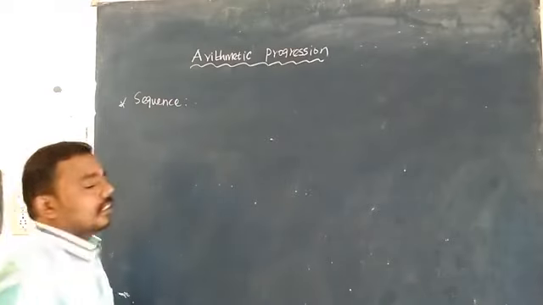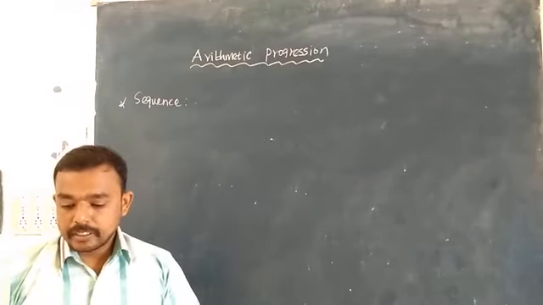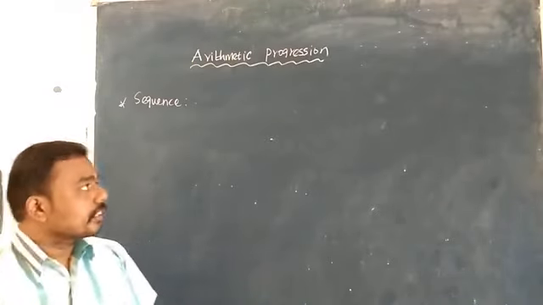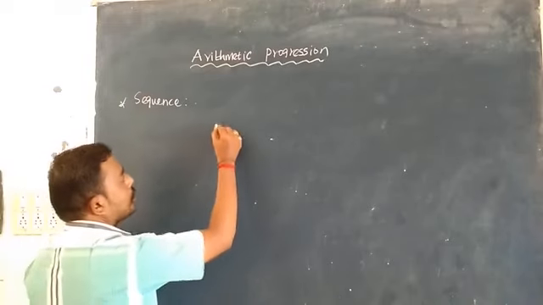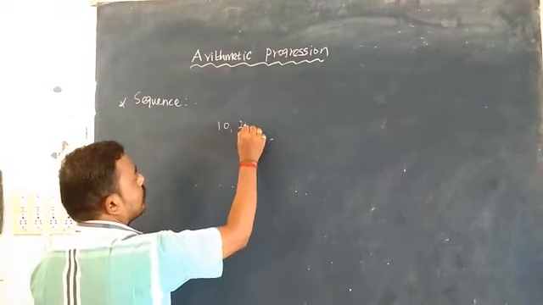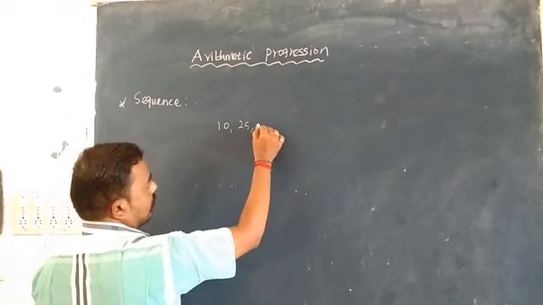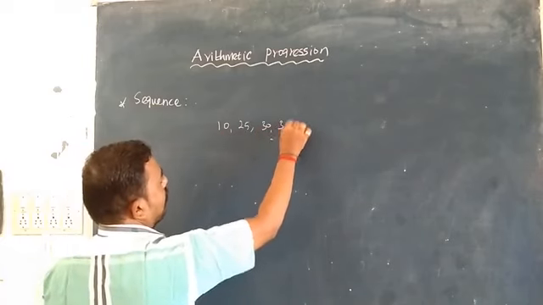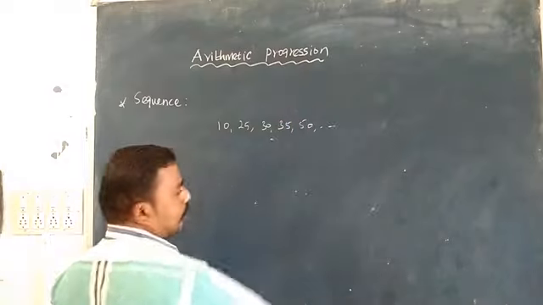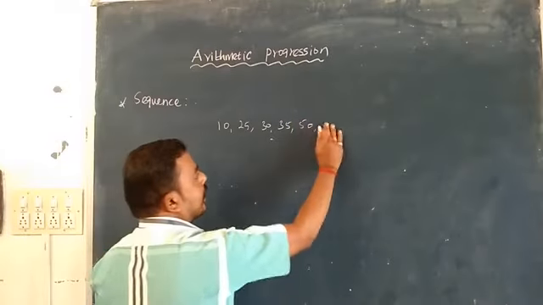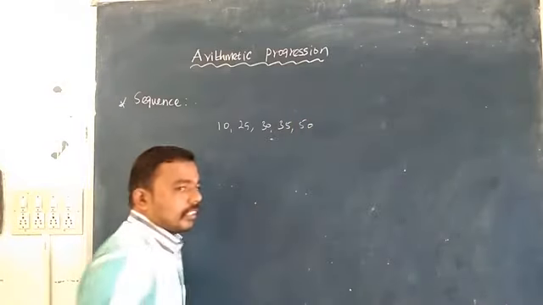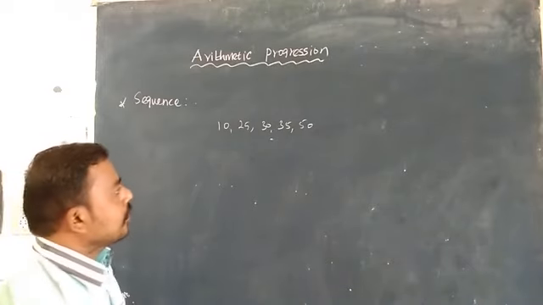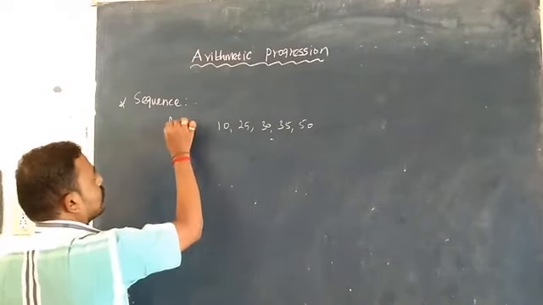Now think about this sequence. Suppose the numbers 10, 25, 30, 35, 50 and so on. Here the last number, suppose 50, means this one is a finite sequence.